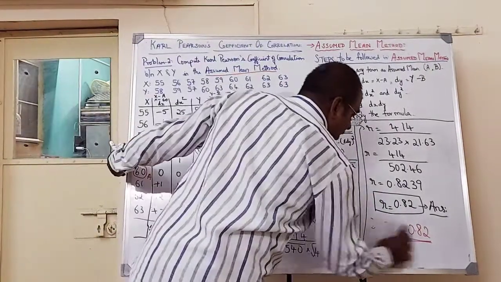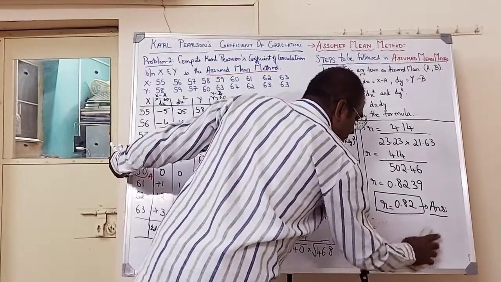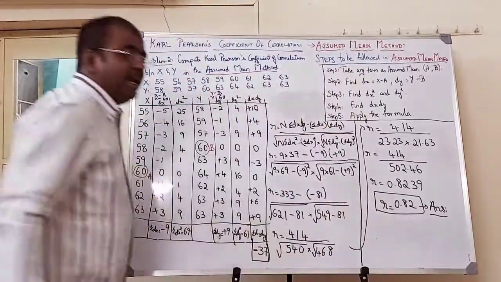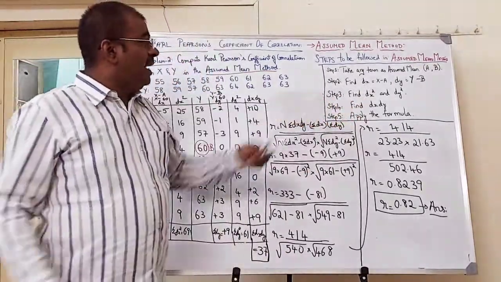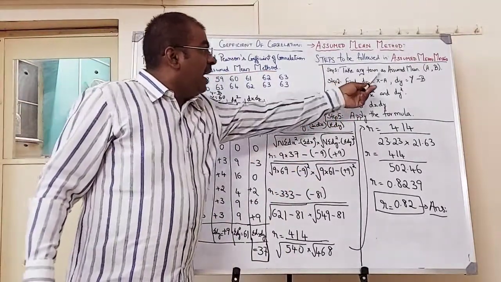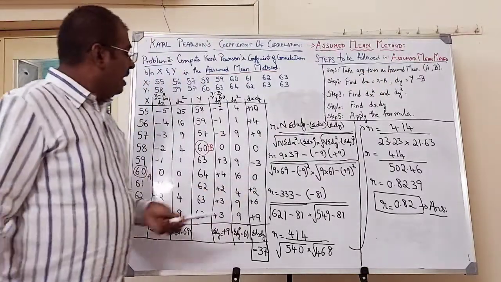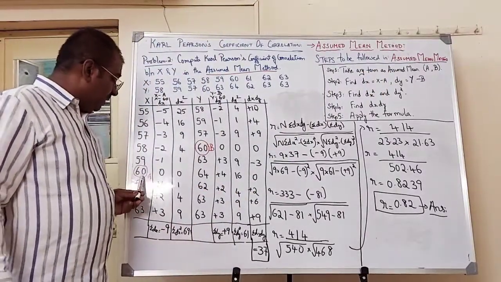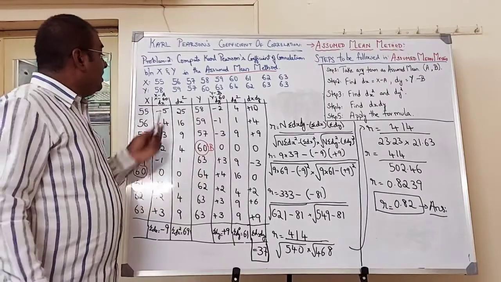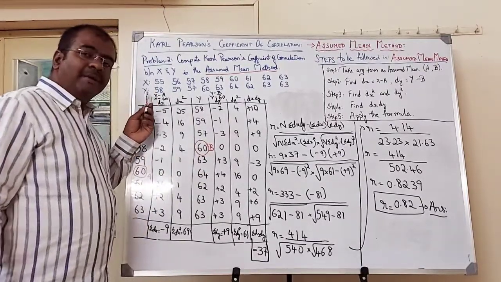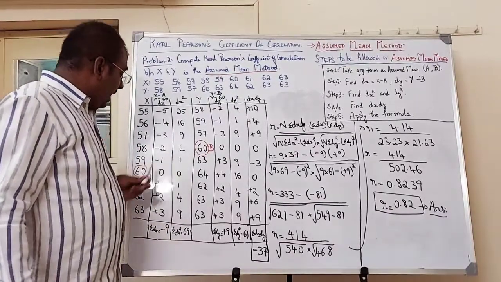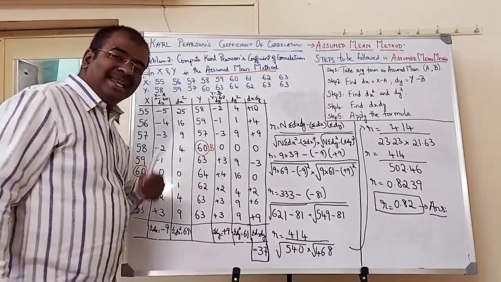So let's have a small recap of what we have done in this particular solution. We begin with our steps of calculation. Step number 1, take any term as assumed mean. I have chosen assumed mean to be 60 for both series X and series Y, that is variable X and variable Y. This A and B, the choice is left to you.